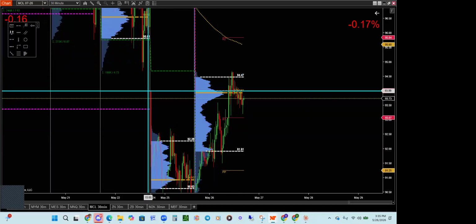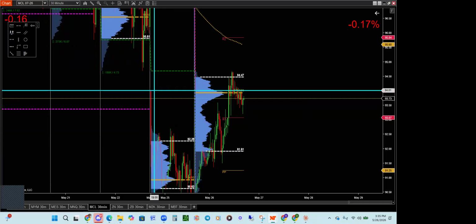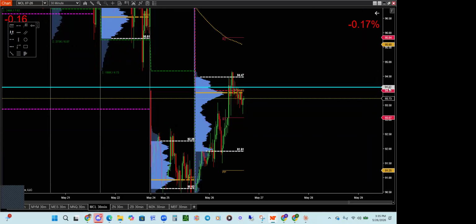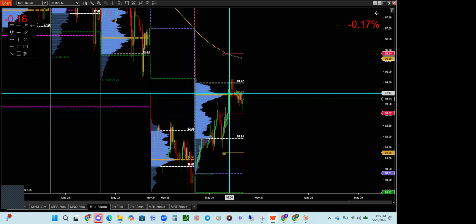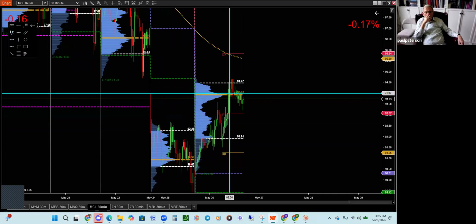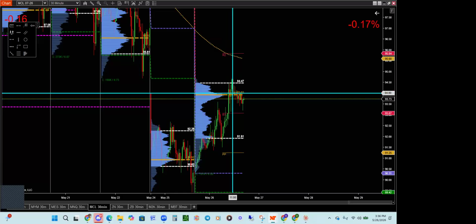You can see it right there. Okay, so is price inside or outside yesterday's range? It looks like it's inside, right? There you go. So right now we're in a bearish inside day. Okay, so that's criteria number two.